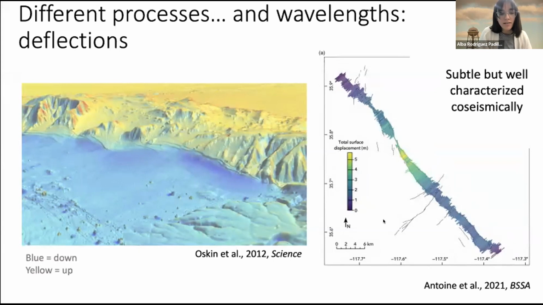We see similar signals for the Ridgecrest earthquakes from the work of Solène and Tuan, who mapped these zones. The width of these lines represents the width of the zone. These are zones of distributed deformation that have contributions both from elastic and inelastic processes. And there are these broad zones that are deforming over hundreds of meters to kilometers wavelengths.